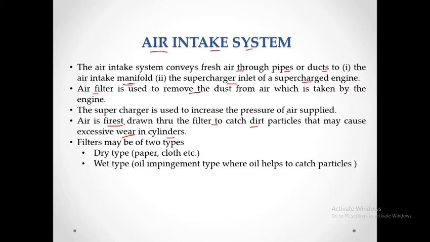So we have to take care that such particles do not catch fire in the cylinders. Normally filters are of two types, dry type and wet type. In the dry type we can have paper, cloth, etc., and the wet type is the oil impingement type, where oil helps to catch the particles.